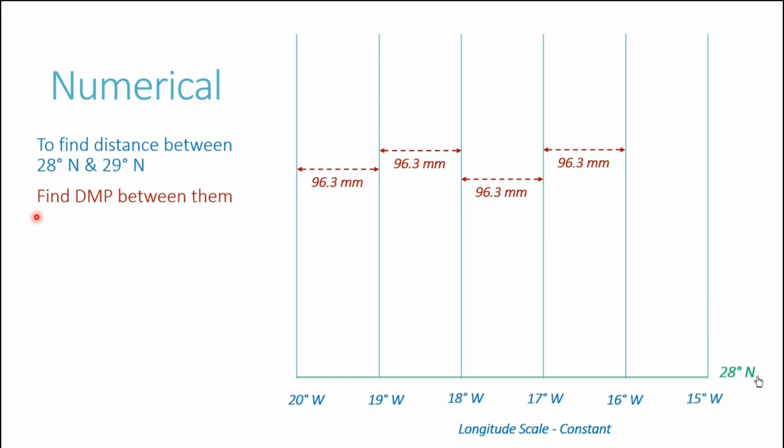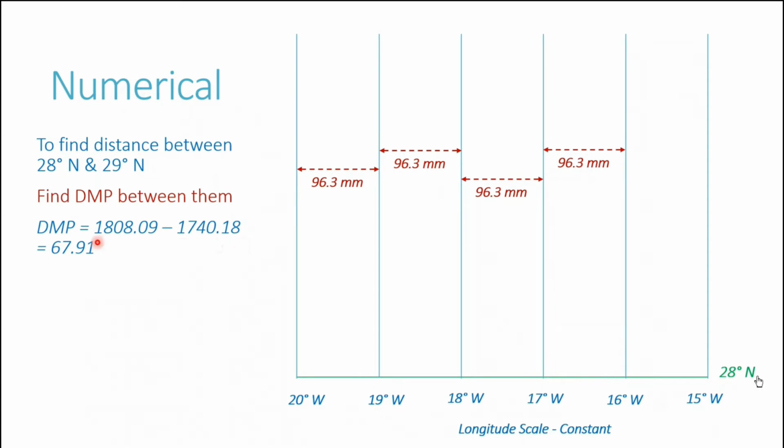So what we are going to do is we will find out the DMP between 28 and 29. Now, how do we find the DMP? From the meridional parts table in the Norie's table. So from the meridional parts table, if you check the meridional parts of 28, that is 1740.18.